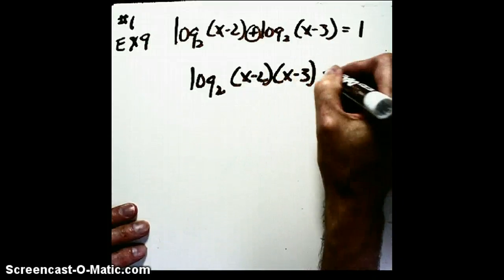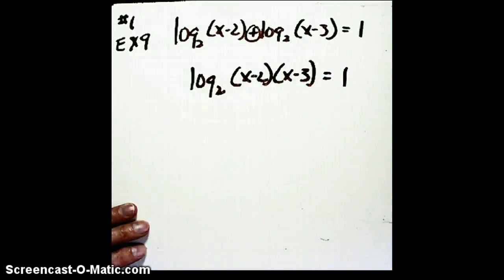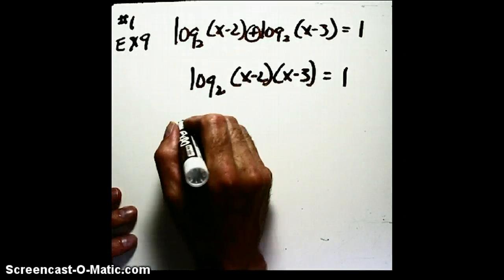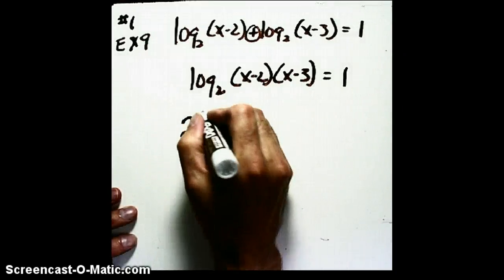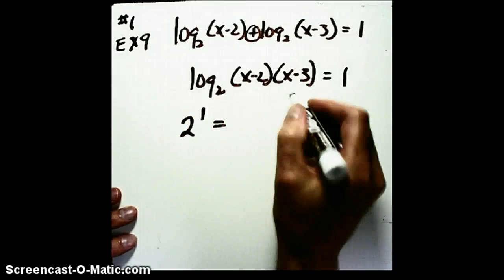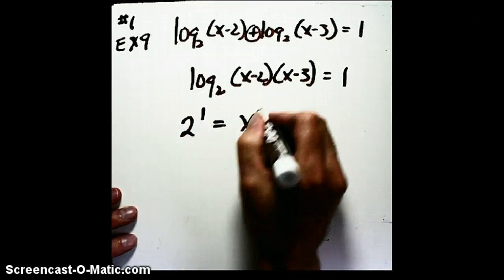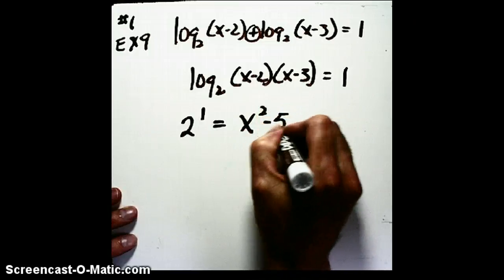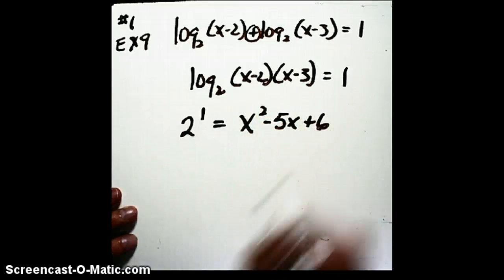Okay, and that's equal to 1. Whoops, I'm stuck. Okay, remember, if a window shuts, open a door. Just go around it another way. Change it to exponential. What's the base? 2. What's the power? 1. What's the number? It's going to be that multiplied out, which is x squared minus 5x plus 6.